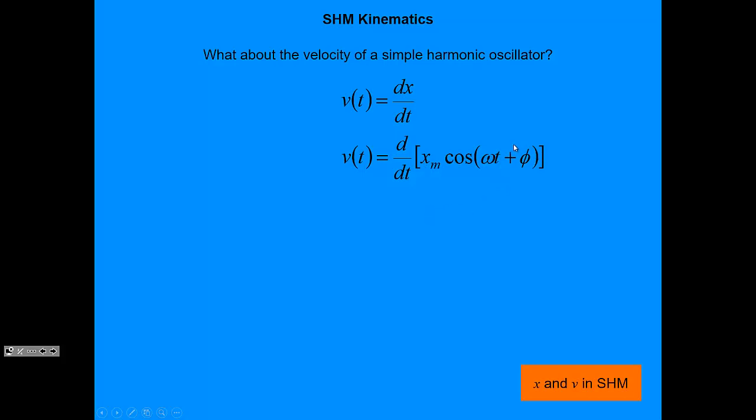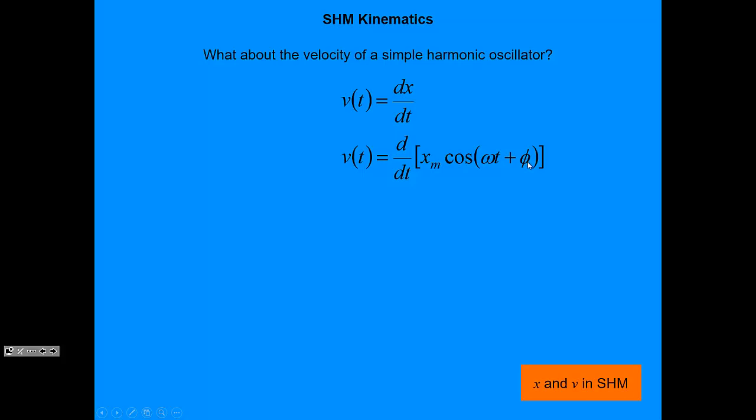So, let's look at the derivative of this expression omega t plus phi. If we take the derivative of omega t with respect to t, that's just omega. Omega is a constant. Phi is the phase angle or the phase constant, the starting position in a simple harmonic motion. It's a constant, so the derivative of a constant is 0.